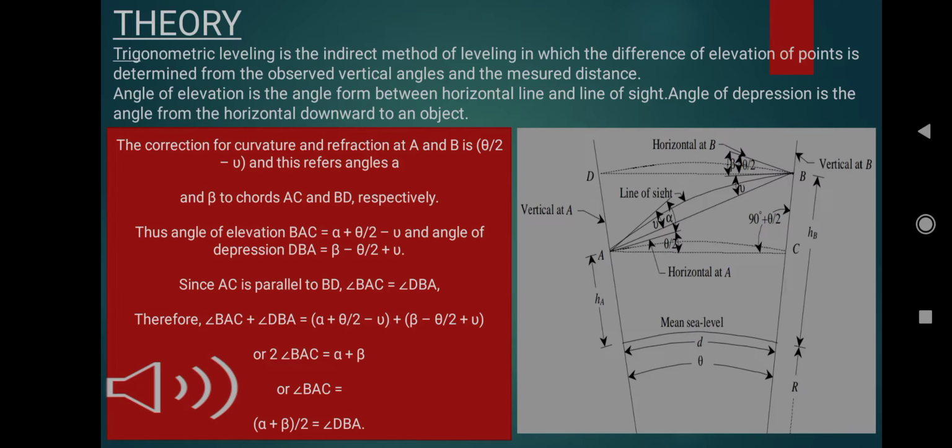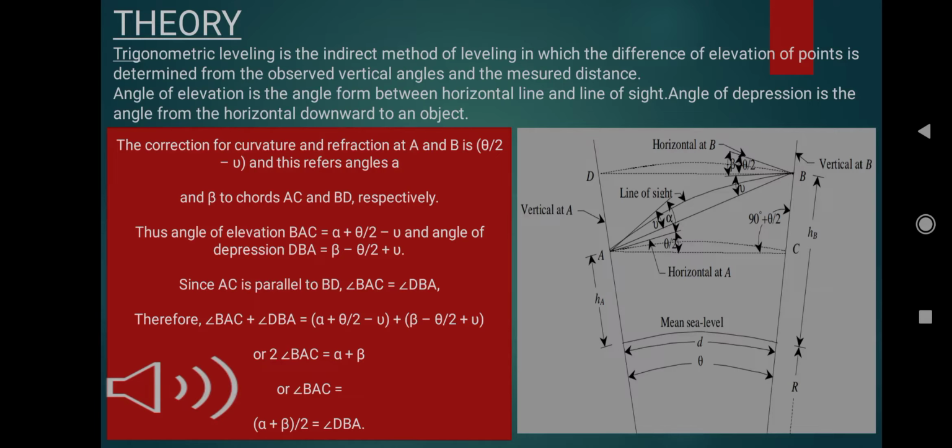The vertical angle alpha is measured with respect to the tangent and to the horizontal at A. Similarly, from B the angle of depression beta is measured from the horizontal to the tangent to the line of sight. The point C lies on the arc through A, which is parallel to the mean sea level surface.